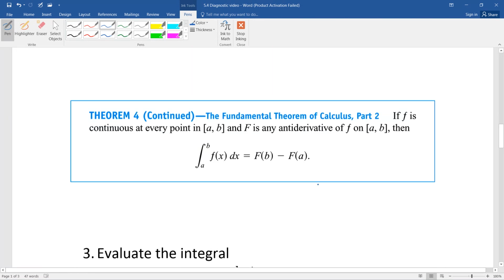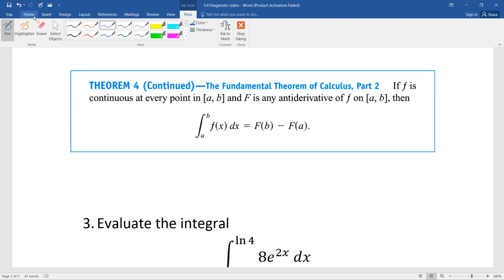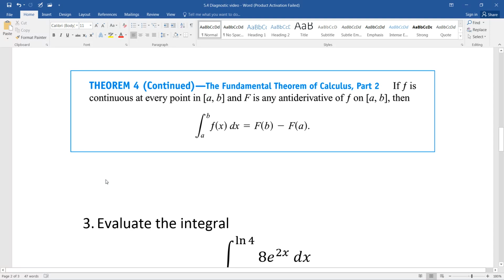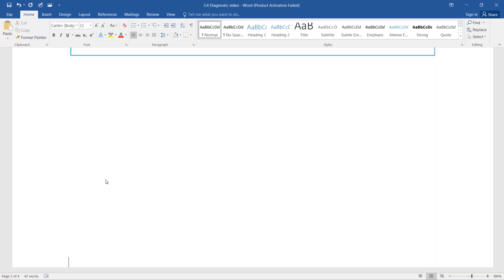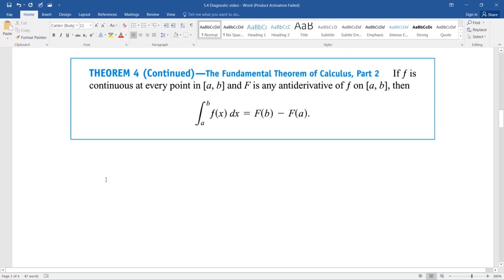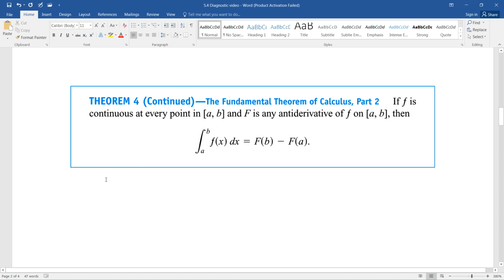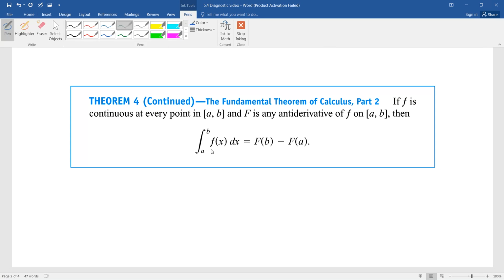Let's look at part 2 of the fundamental theorem and some examples following that. Part 2 of the fundamental theorem of calculus is by far the more common version that you'll see. What this says is, again, we start with lowercase f, and here we're integrating it from a to b, where a and b are both numbers.